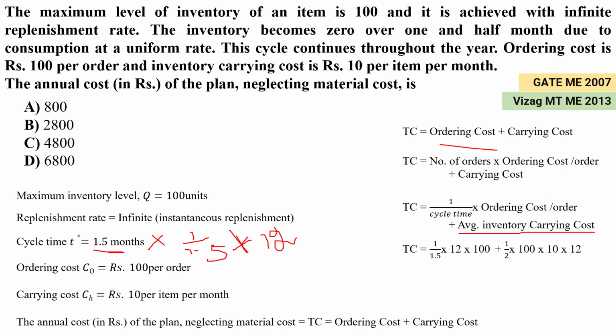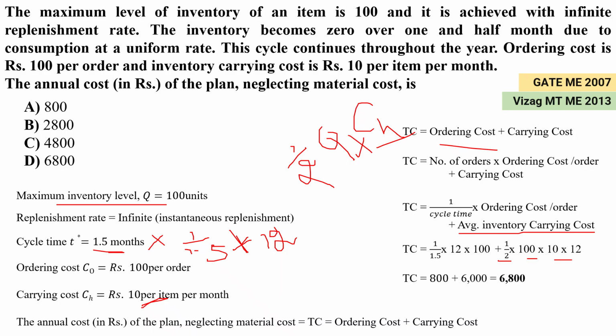The average inventory carrying cost equals 1 by 2 into Q into CH. So 1 by 2 into Q, the maximum inventory level, which is 100, and the carrying cost is 10 rupees per month, but we actually require it annually, so 10 into 12. Then the total cost equals 6,800.